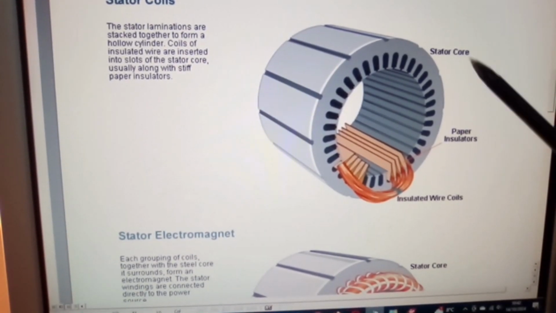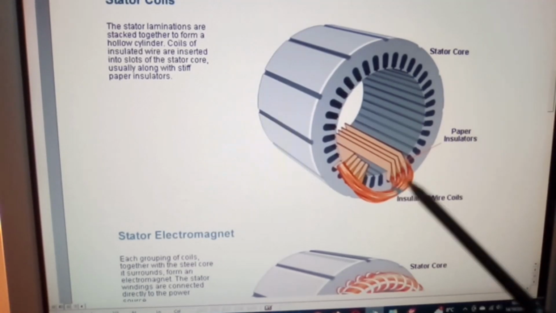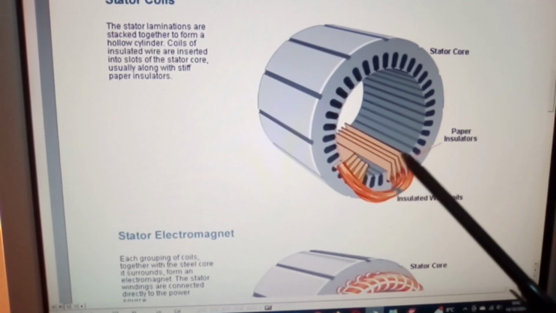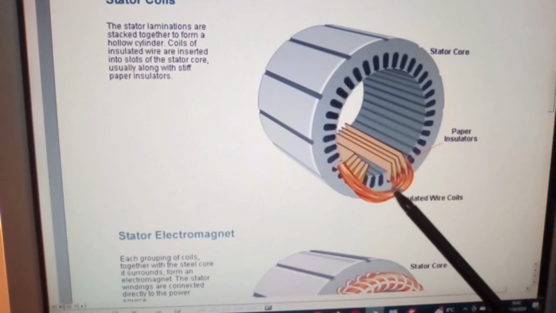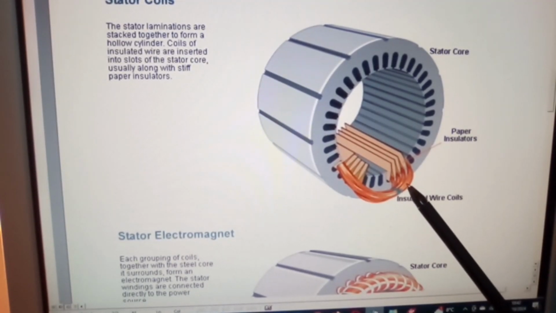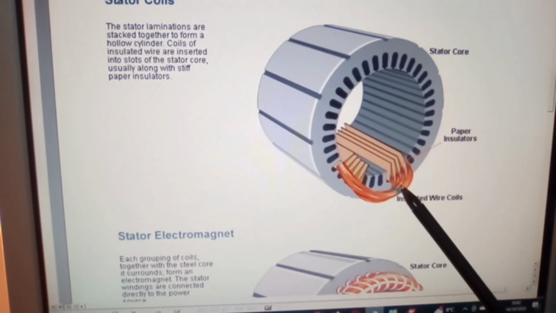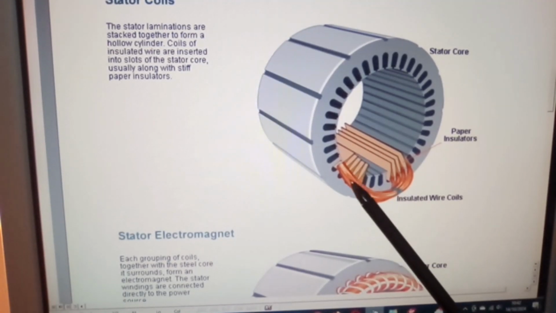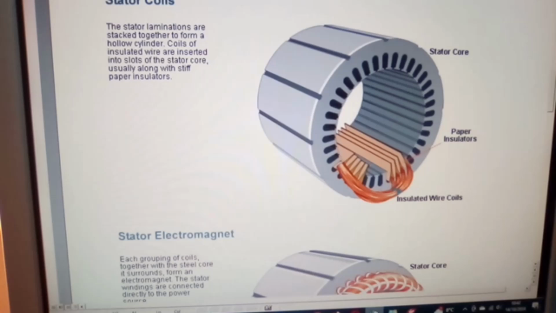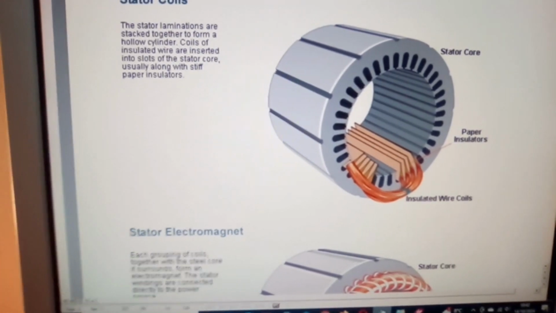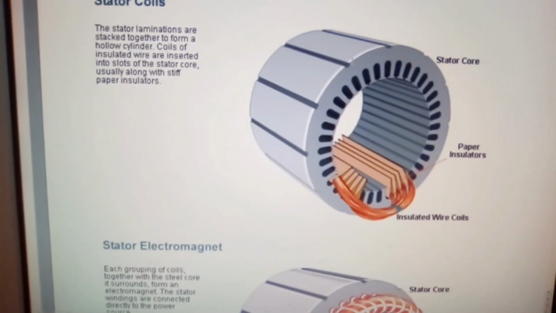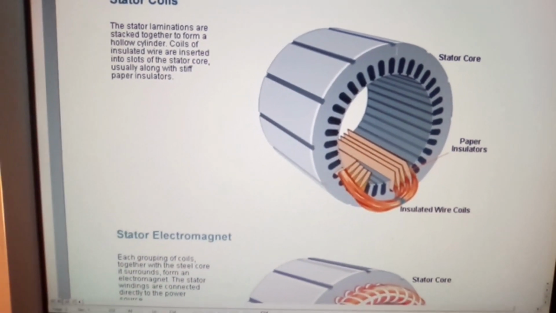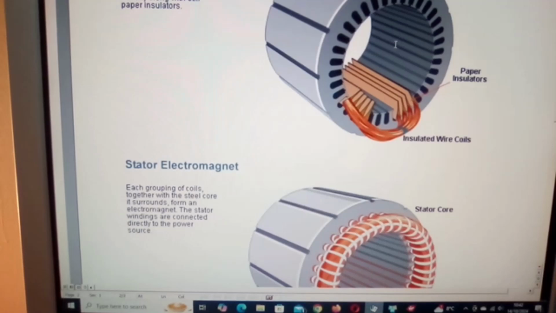Here you have your stator core, and it's showing you here paper insulators. Insulated wire coils. Now these insulated wire coils are actually varnished, well, I call it varnish, but they may call it something else. You can see how that is being put together.